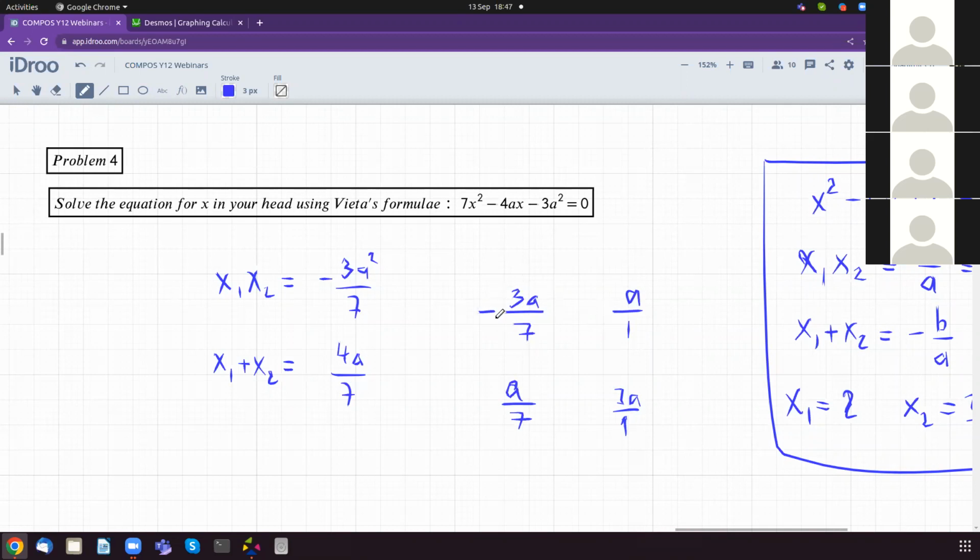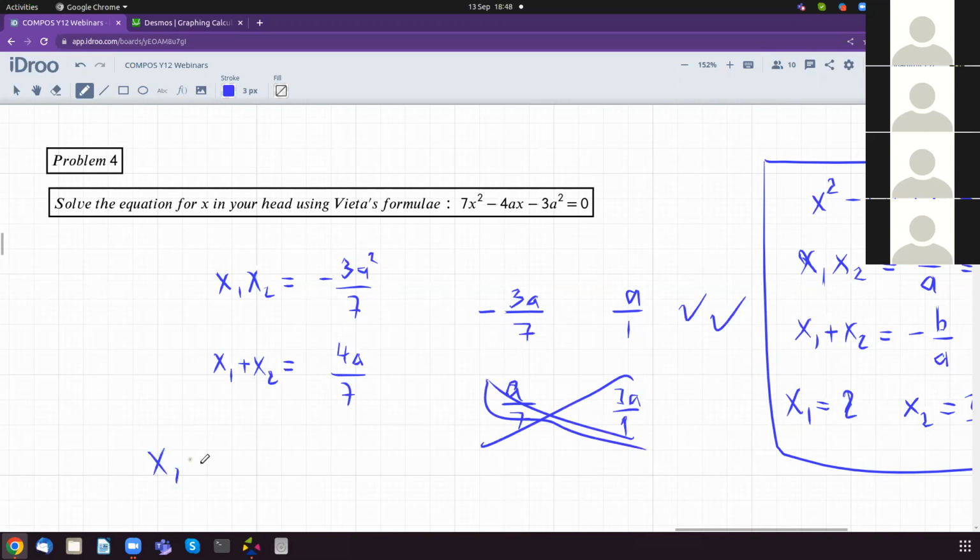Let's test it. So x1 x2, 3a squared over 7, that works. And 4a over 7, so that's 7a over 7 minus 3a over 7, oh, it works. So we don't care about this bit. That's it. So this is x1.